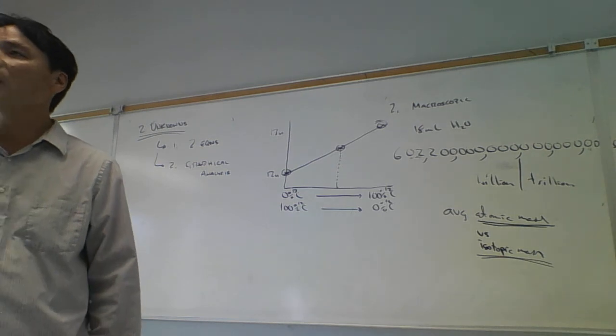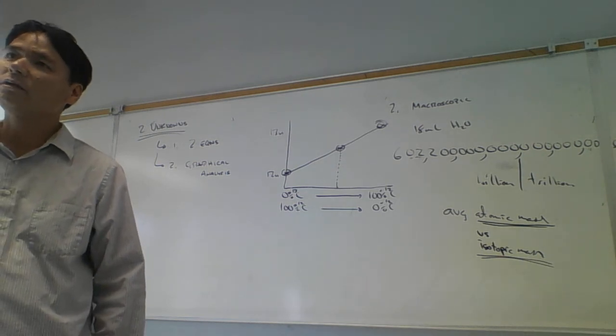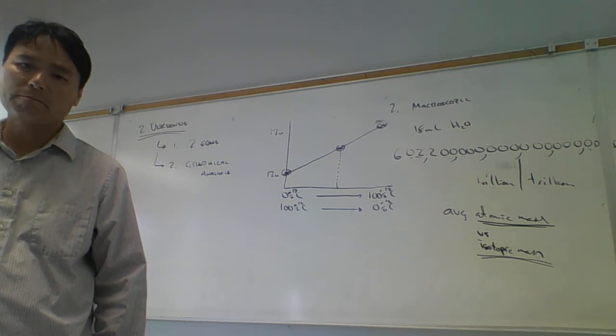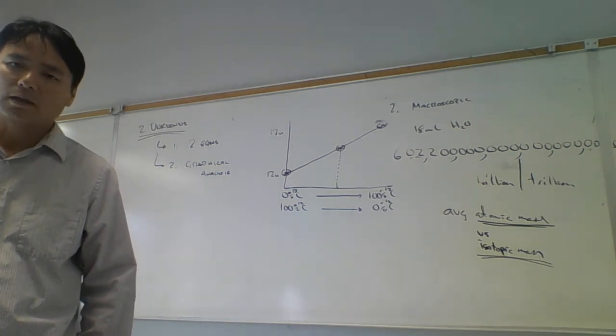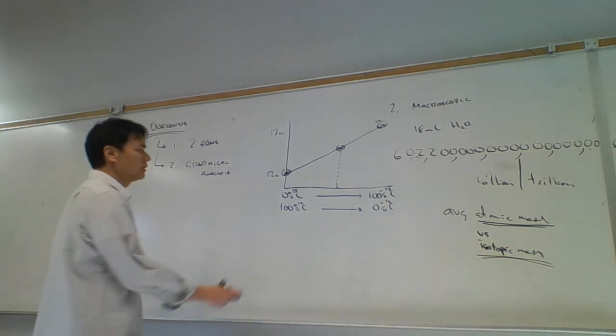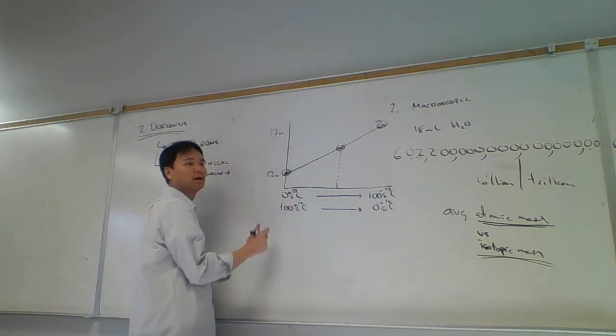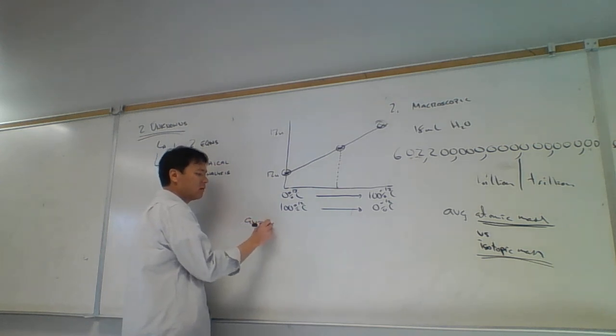What if it's 99.9% carbon 12? If it's 99.9% carbon 12, then it's going to be 12.01. Well, you know what the average mass of carbon is?